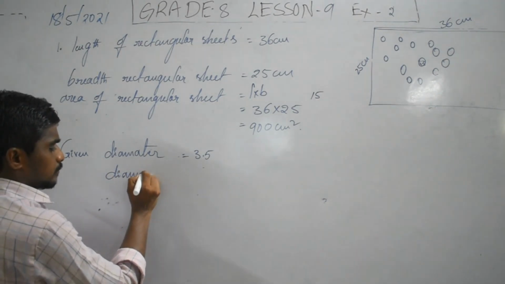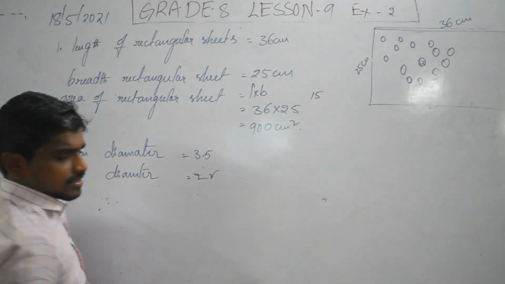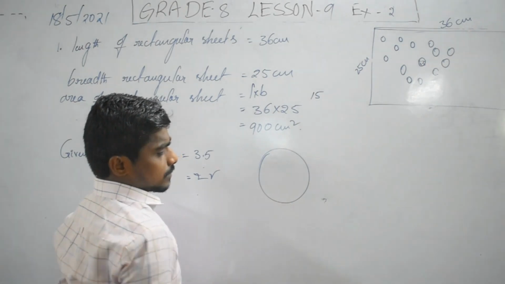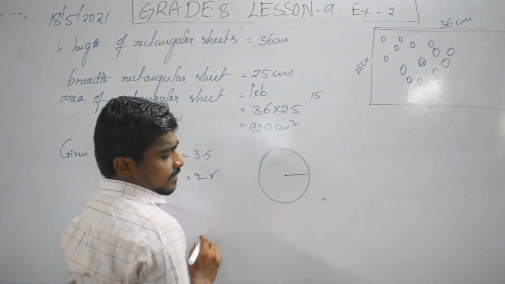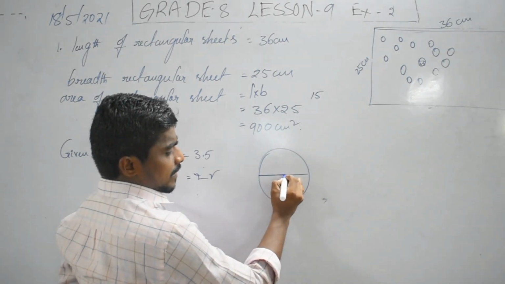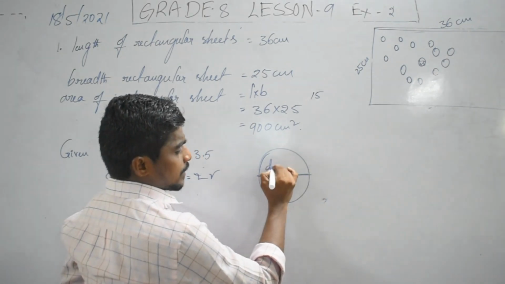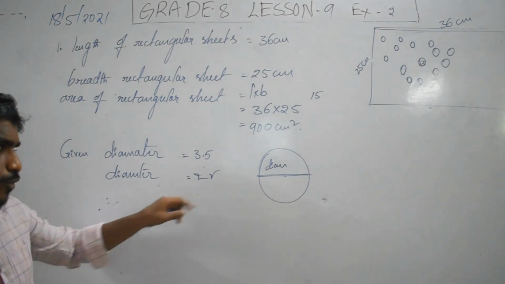Yes, this is a circle, this is a radius, this is a radius, 1 radius, 2 radius, but this total is the diameter. So diameter equals 2 radius.